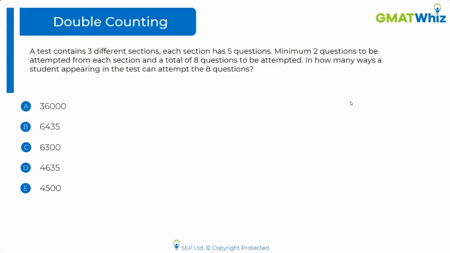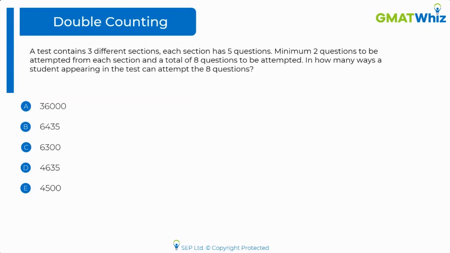Good. So this is a typical question of double counting, and I just want to make sure that you understand the idea of double counting before that. That's why I'm just doing this question and not the other ones. So, what does double counting mean? Double counting is a phenomenon which happens if you select two entities from a group multiple times one by one and not do it at once.